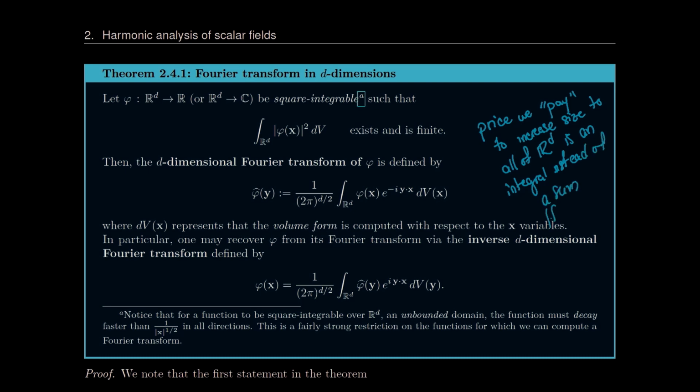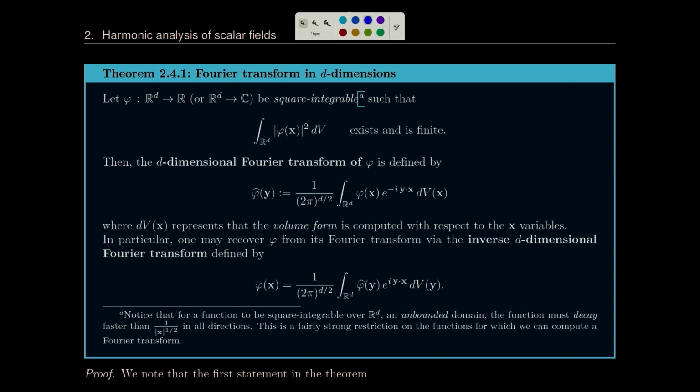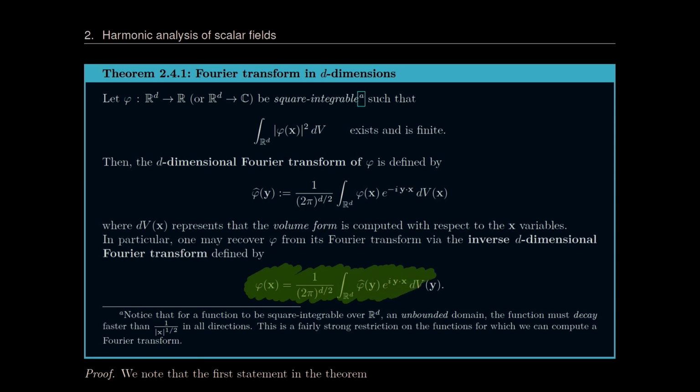And this is for reconstruction. So with the Fourier series, you would reconstruct your function using a sum. In the Fourier transform, you reconstruct the original function using an integral. And so that's what's right here. This is the analog to our reconstruction. This is the analog to the Fourier series over an infinite domain.